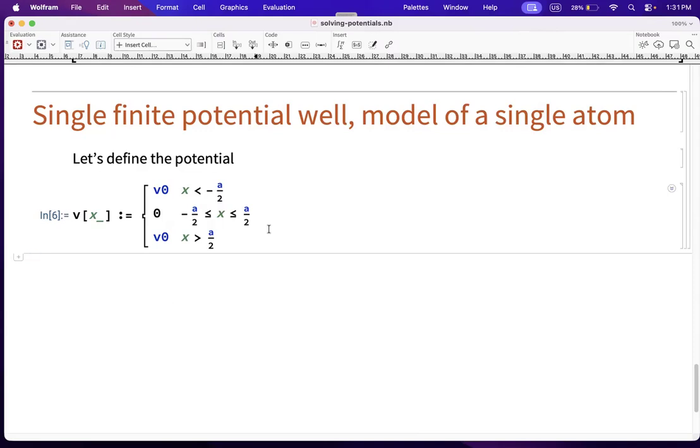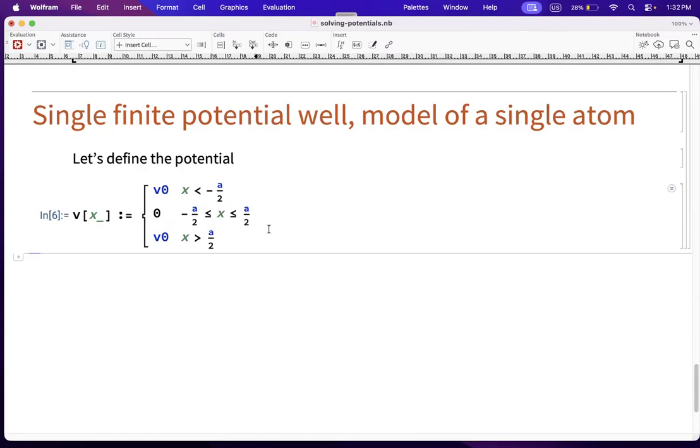We're going to use atomic units. So in atomic units, remember, H bar becomes 1, the mass of the electron is 1. In that case, the unit of position is the Bohr, and the energy is in Hartrees.